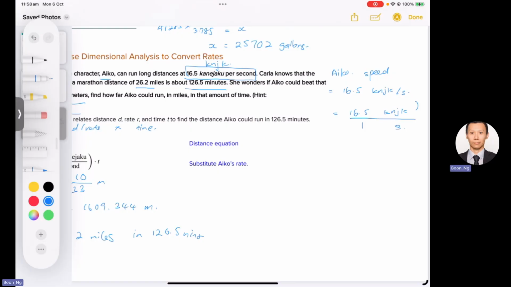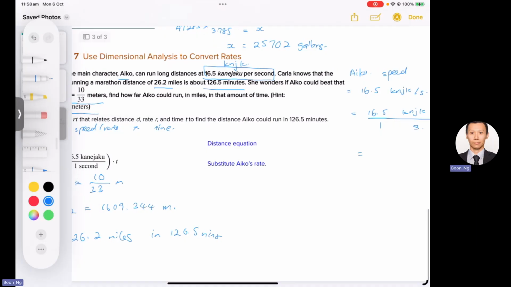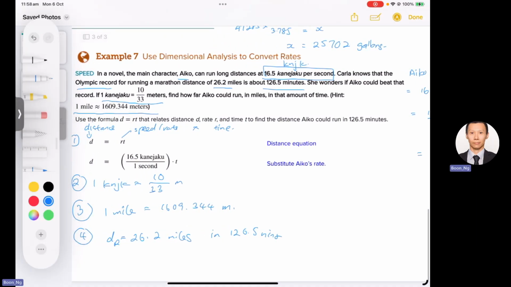From here, we can just rewrite it this way. And then, because ultimately we need to convert Kanijaku to meters, and then from meters to miles.